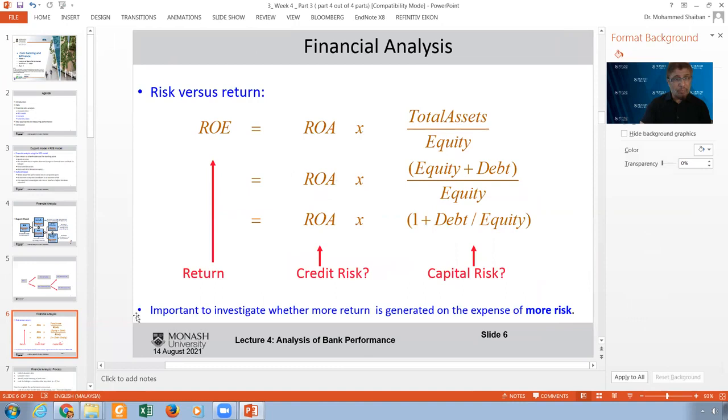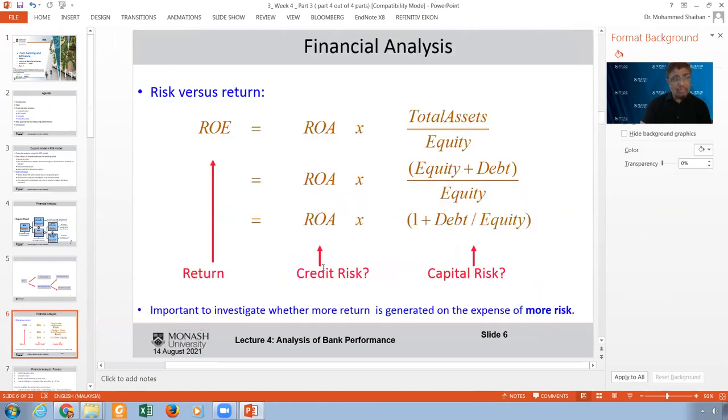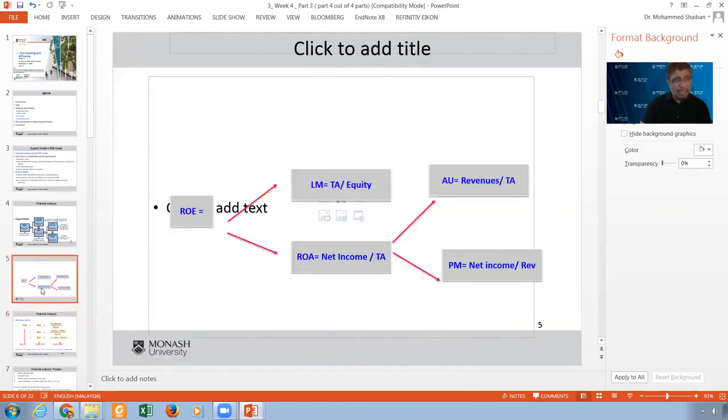Look at this more clearly. As you can see, the ROE, as I explained it here, is reflecting the credit risk, because I can increase the revenue, and maybe I increase the revenue with bad loans. So when the ROE is increasing, suddenly I have to know why it was increased. I have to look at this and check all the numbers that led to the increase of ROE.